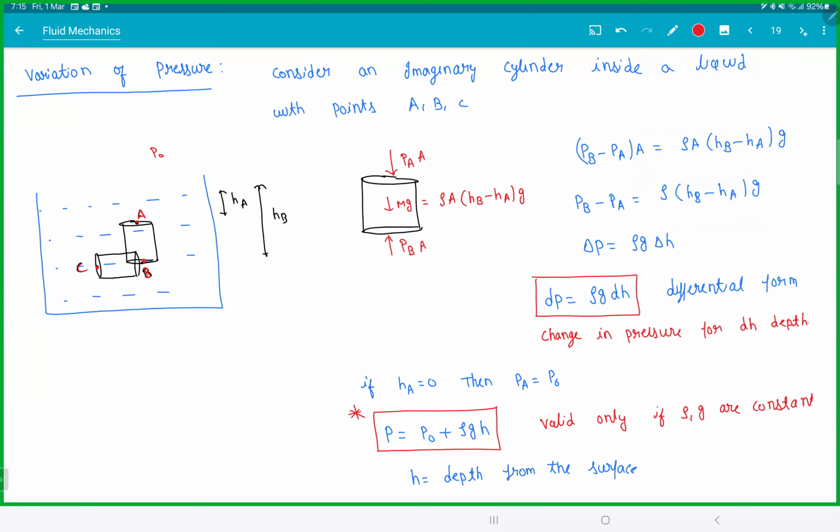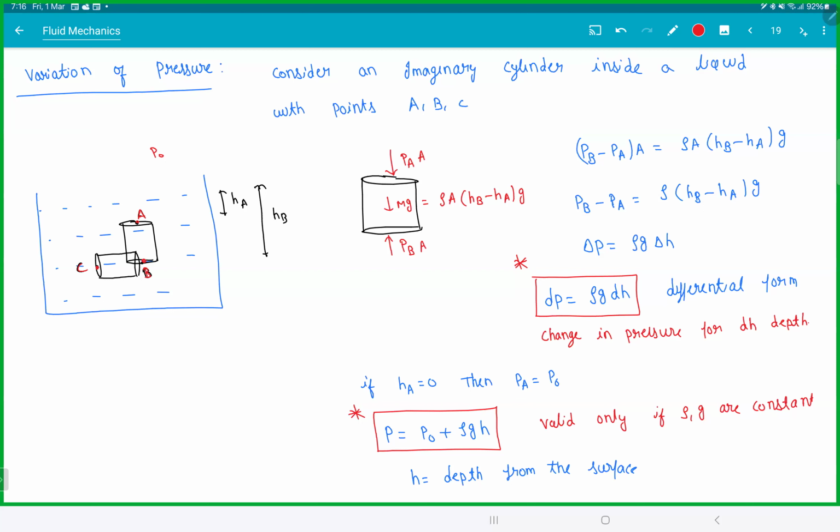Have a look at this. Clear? Any doubts on this page?